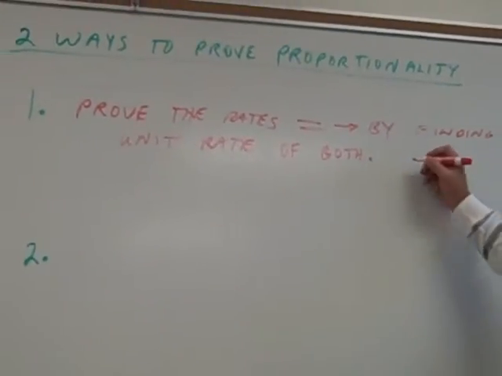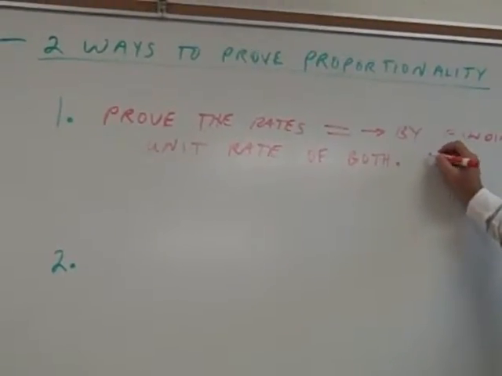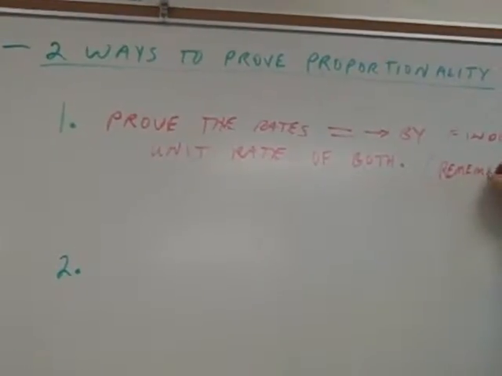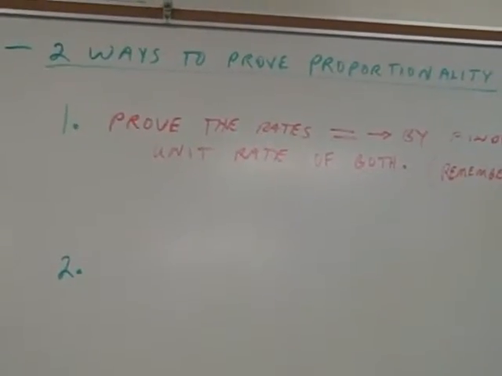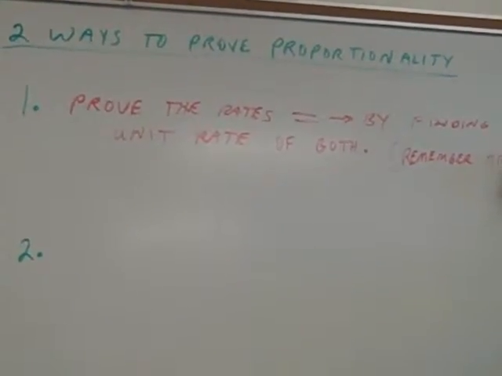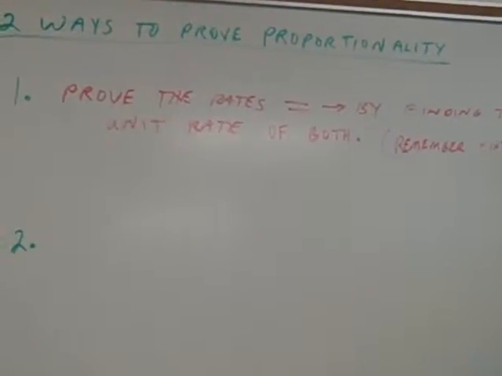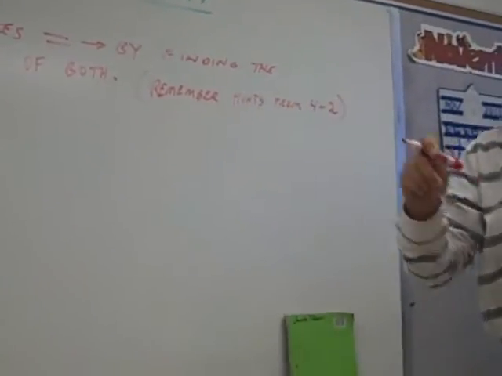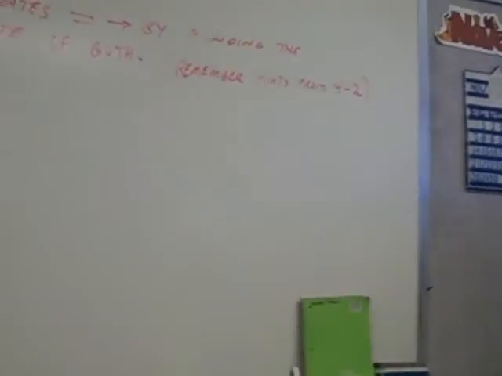Okay, what's the other hint? If it is just numbers, divide the big number by the little number. Right, very good. Remember the hints from 4-2, because we're going back and we're doing the rates.